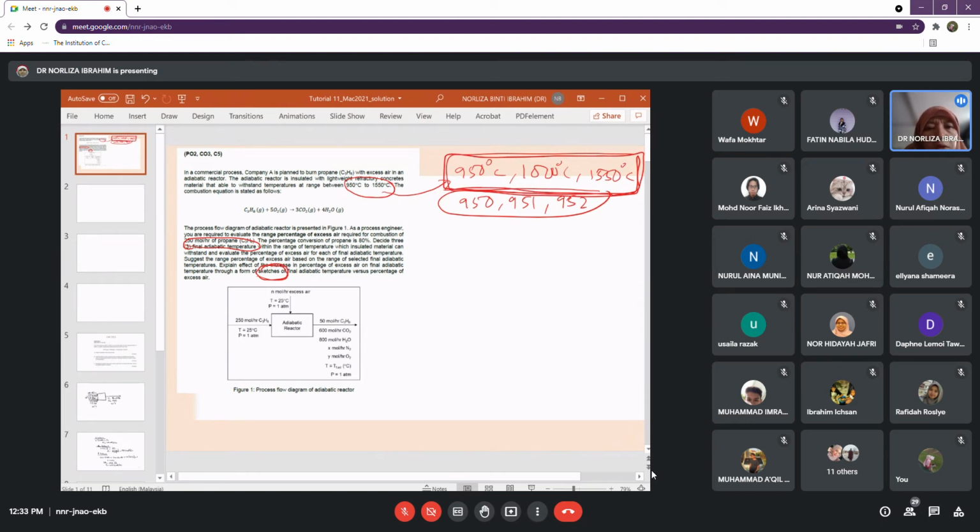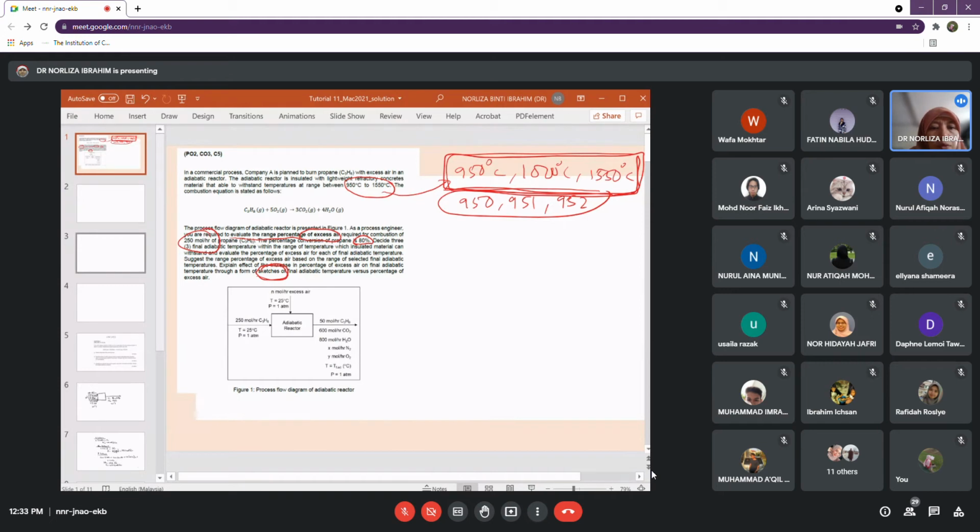All right, so this one you are given the flow rate 250 mol per hour of propane. The conversion is 80%, and then you are to evaluate the percentage excess of the air. From your temperature, you will have a different percentage of excess air.